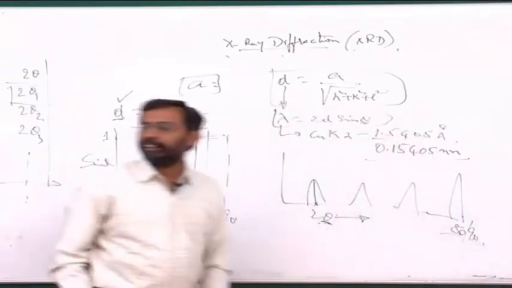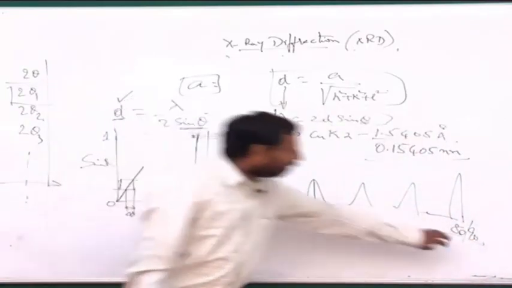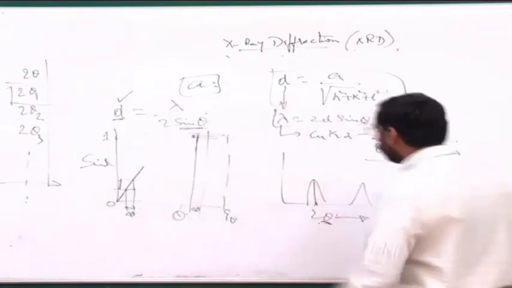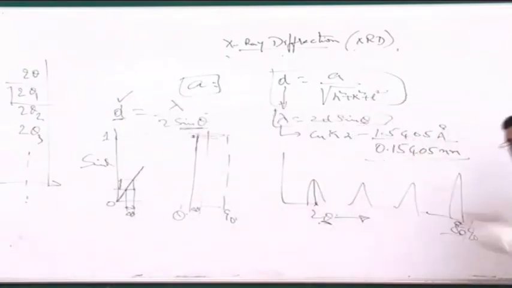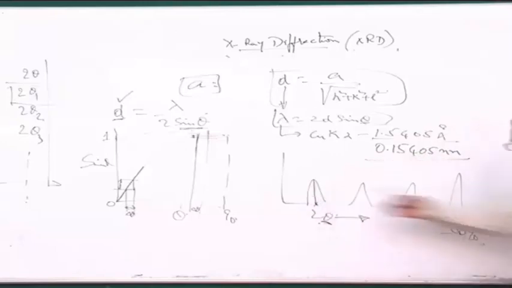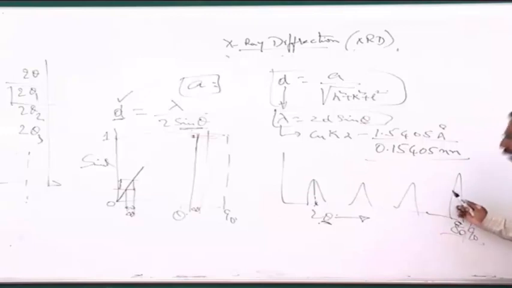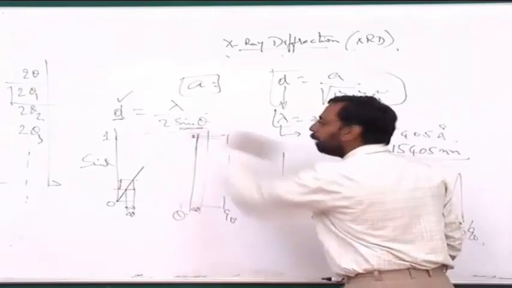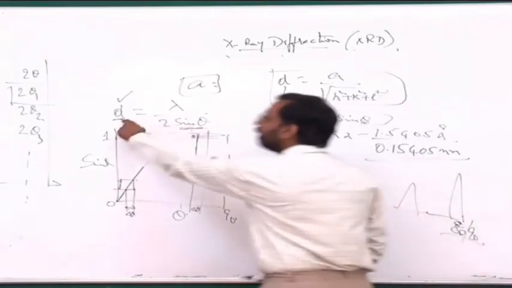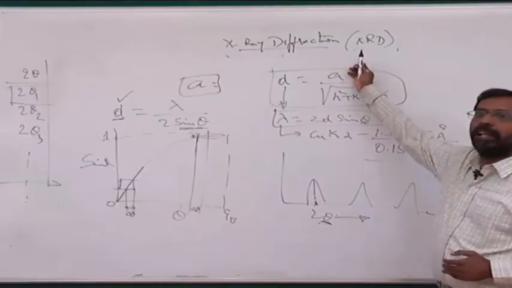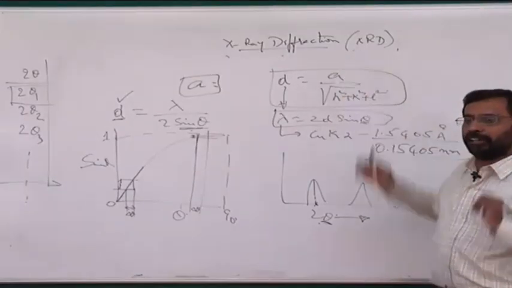If I can find out the theta for that particular peak, which may be a 220 peak or some 311 peak or some such peak, which is a high angle peak rather than a low angle peak, then even if I make a small mistake in the theta, I do not make a big mistake in the sine theta, and as a result, I do not make a big mistake in the D, and hence my lattice parameter is more accurate.